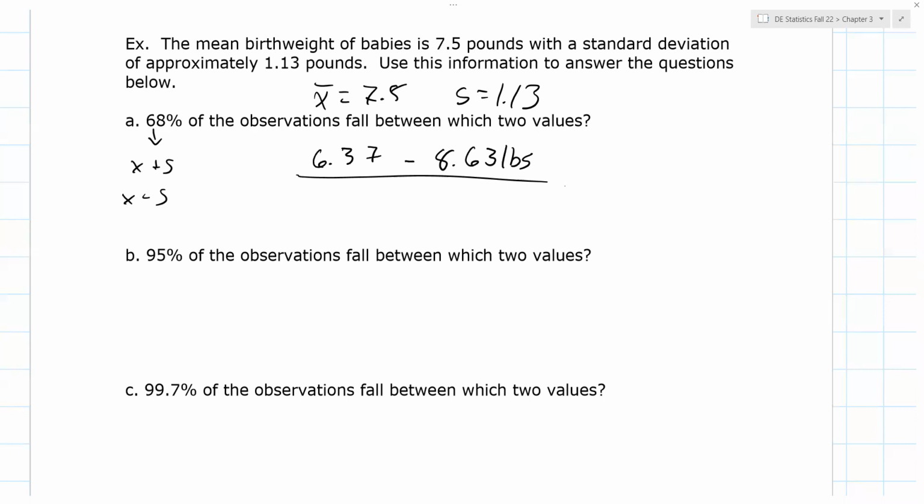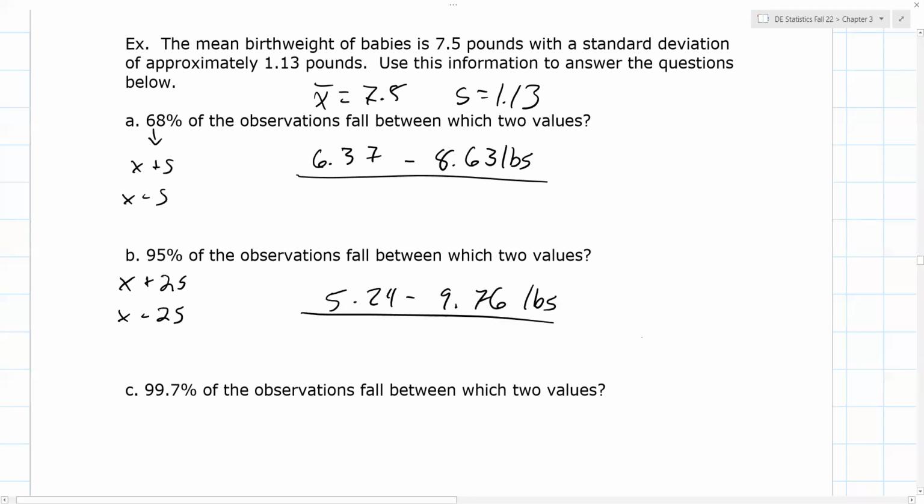For the 95% interval, I start with x, but I go plus 2 times s and x minus 2 times s. So I multiply my standard deviation by 2, and that's the value I'm adding or subtracting to my mean. So 95% of the data falls between 5.24 pounds and 9.76 pounds.